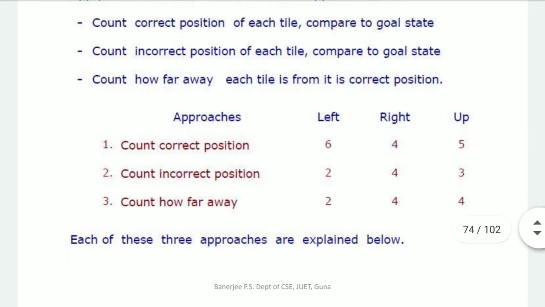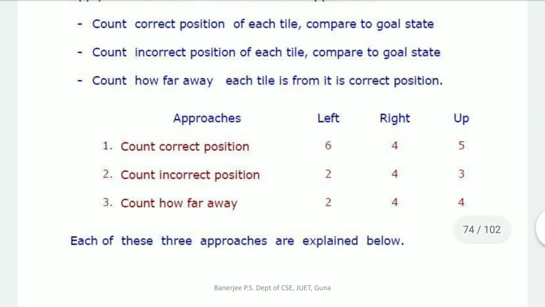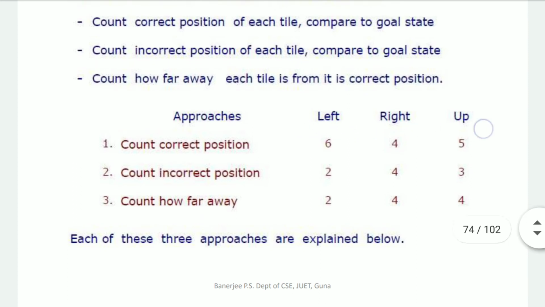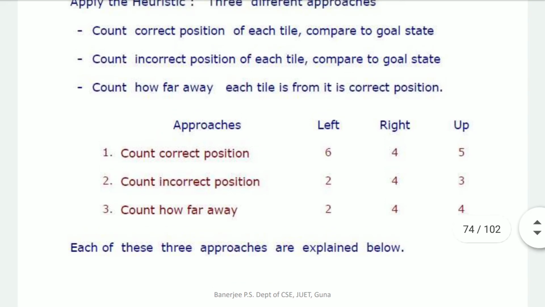Here you can see a probable solution for this. The names of the approaches are there, the moves are there, the left move, the right move, the up move, right? Now the approach names are mentioned here: at number one it is counting the correct position, counting the incorrect position, and counting how far away, right?